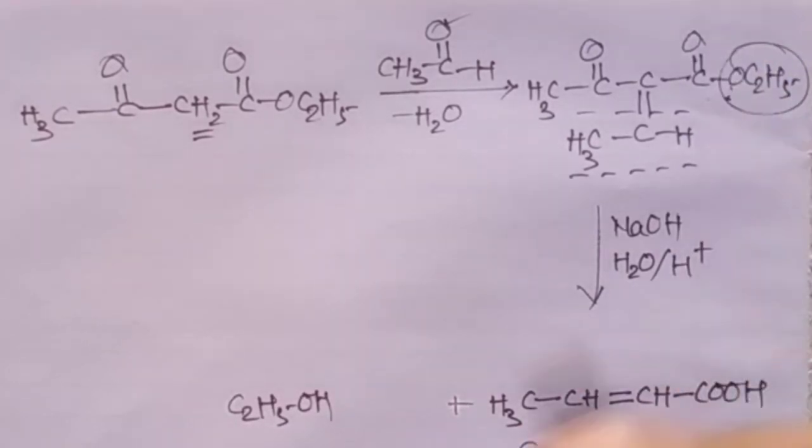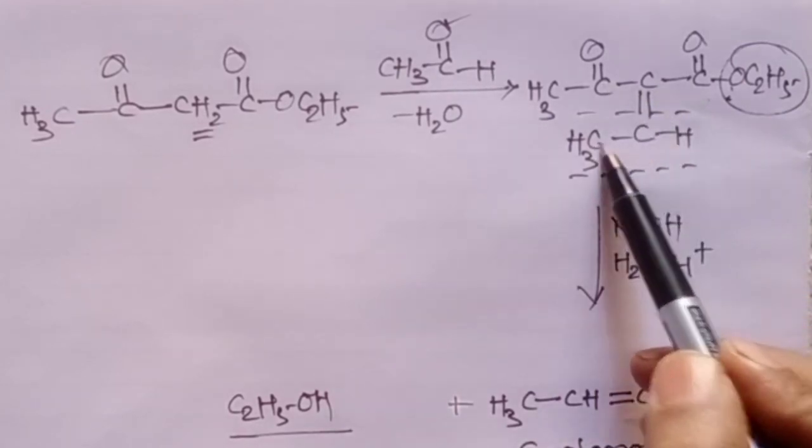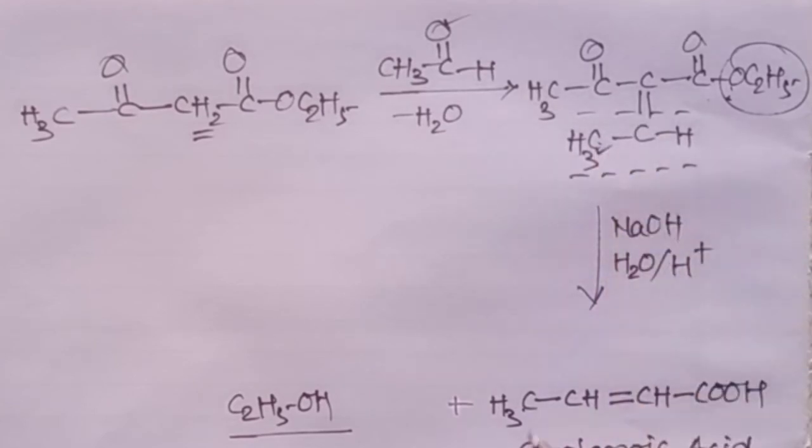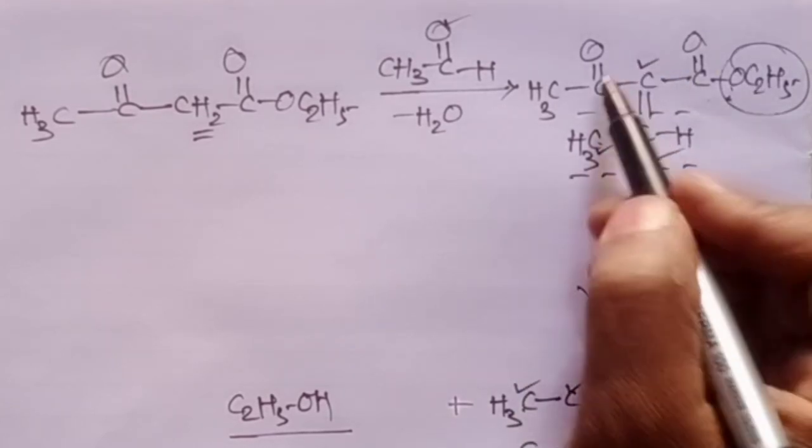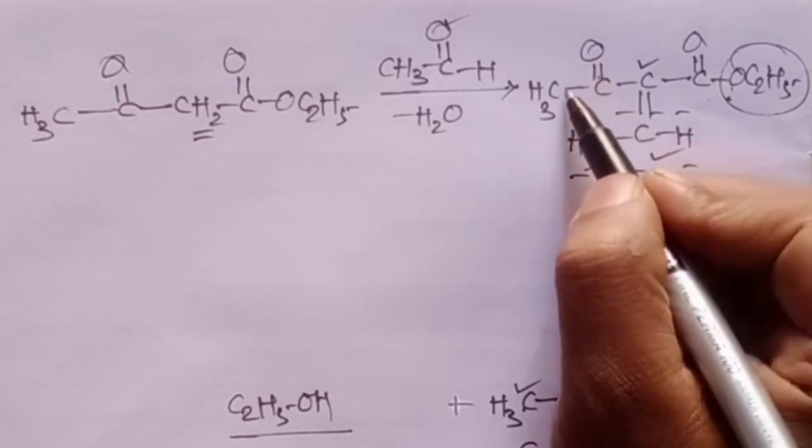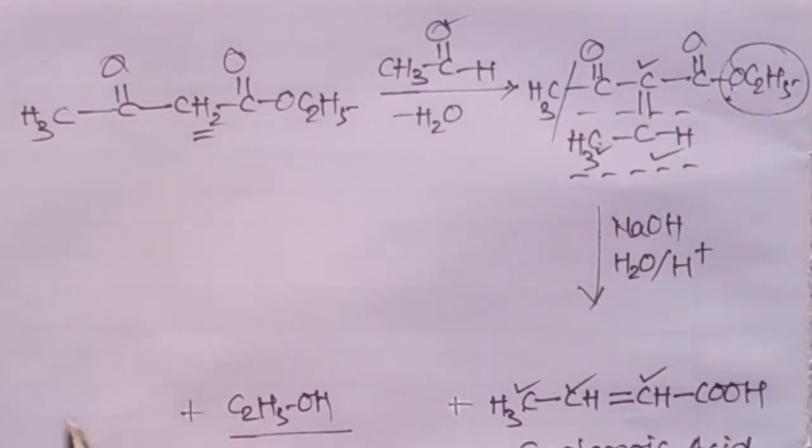Here C2H5OH alcohol is formed, and this one is the CH3 here, CH is here, double bond is up to here, then C double bonded O, and this portion will break out, so it will be CH3COOH. So this is the compound.